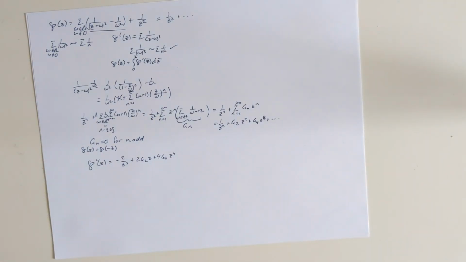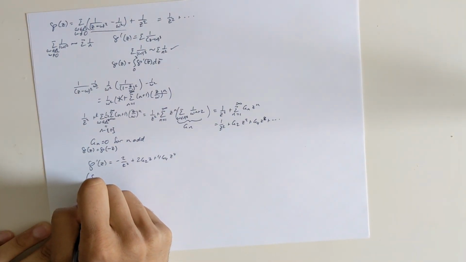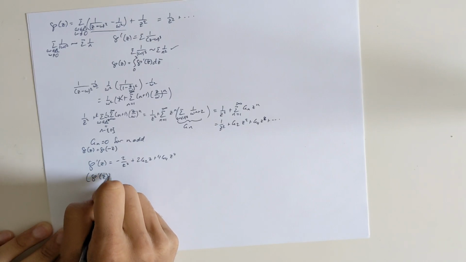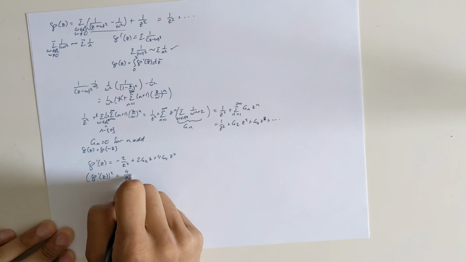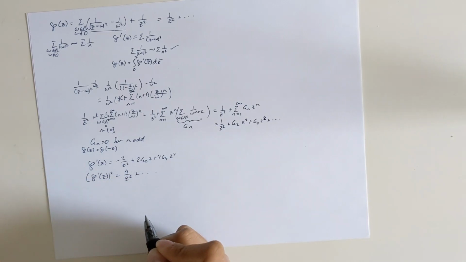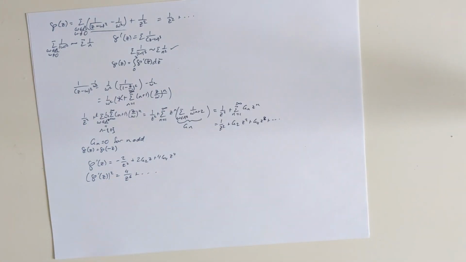And what we can do is we can square p prime of z. And so what we realize is that this will be 4 over z to the sixth plus some other terms. And I guess I don't want to go over the details because it's some annoying linear computations.